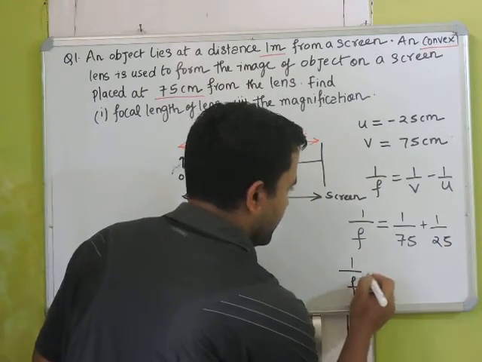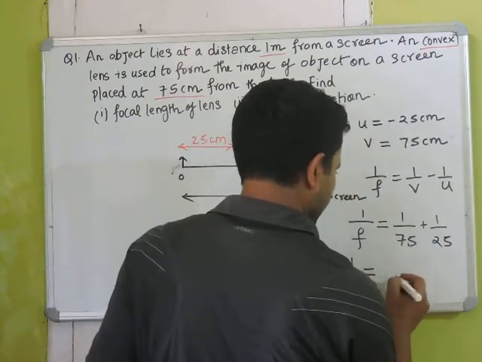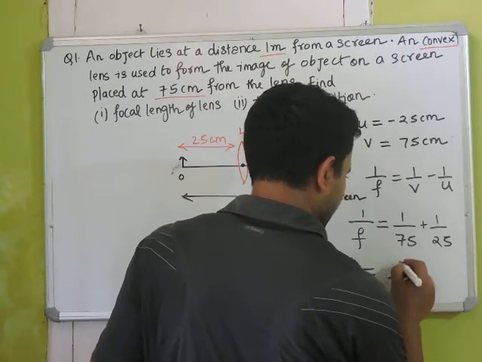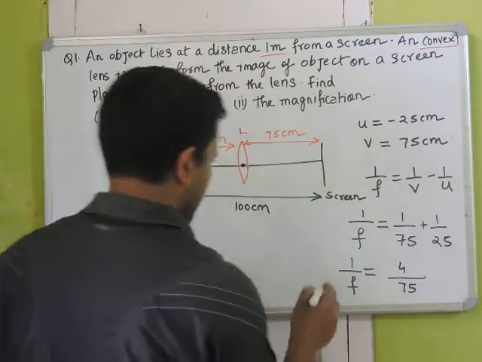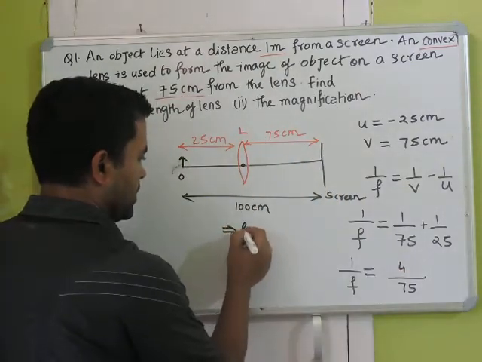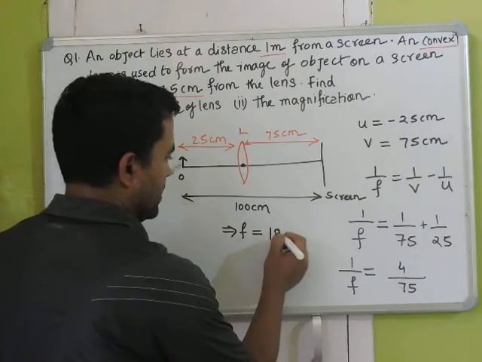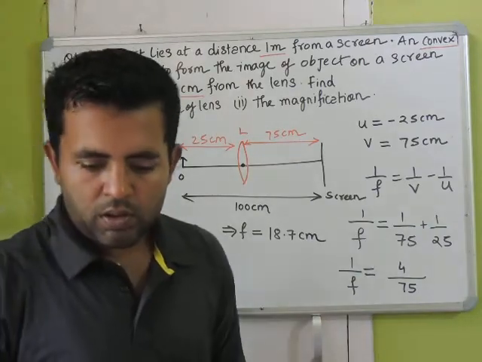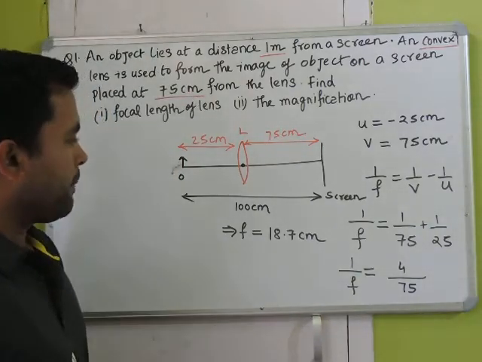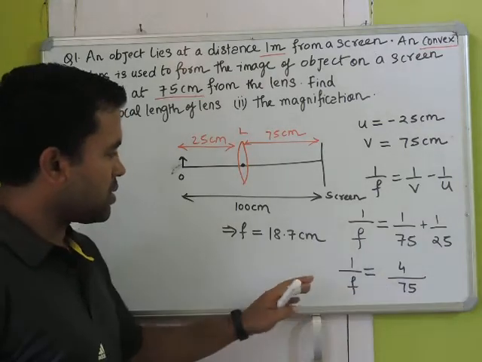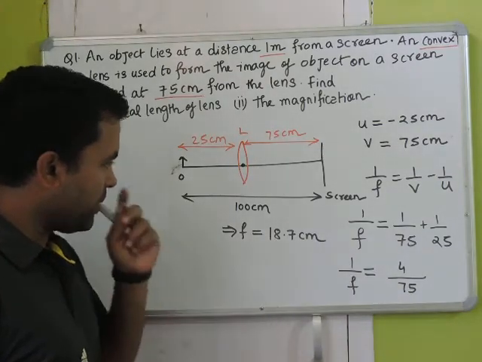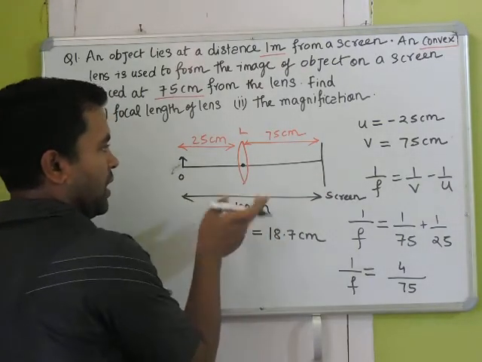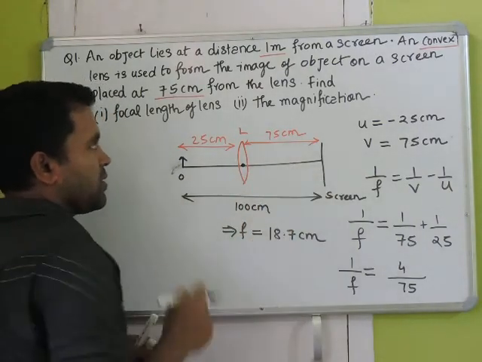So 1 by F will be 4 by 75, and F will be 75 by 4, around 18.7 centimeter. Because this is a convex lens, this will be positive. Focal length is measured in this direction in case of a convex lens.